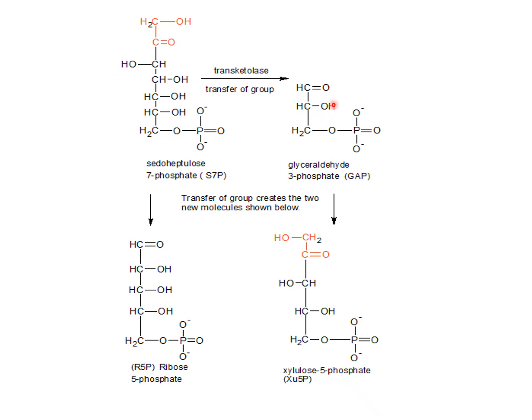Okay, so this molecule gets split into ribose 5-phosphate and xylulose 5-phosphate. So it's a group transfer which creates 2 new molecules as shown here. So now we have ribose 5-phosphate and xylulose 5-phosphate.